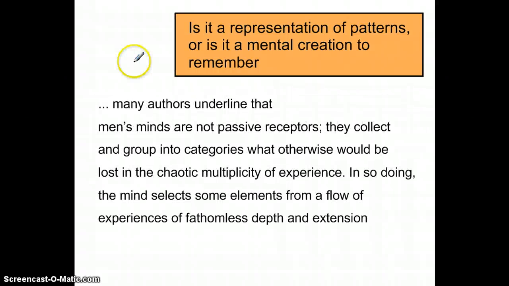Okay, but many authors underline that men's minds, and I think this men's is men and women, I don't think it is actually specifically talking about males, are not passive receptors. They collect and group into categories what otherwise would be lost in the chaotic multiplicity of experience. In doing so, the mind selects some elements from a flow of experiences of fathomless depth and extension.